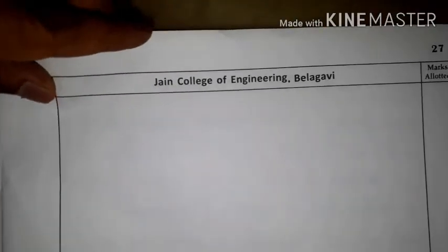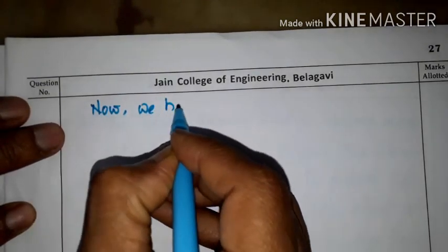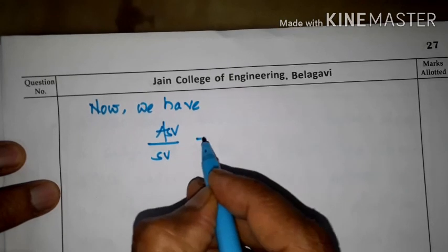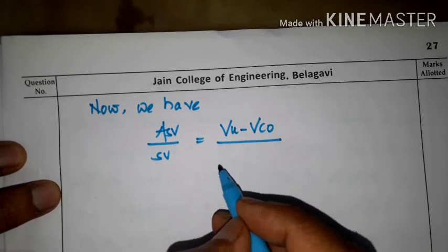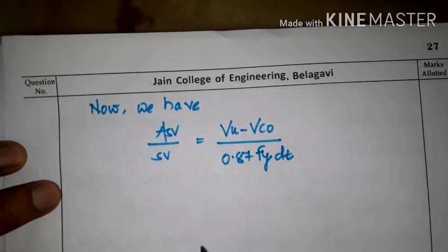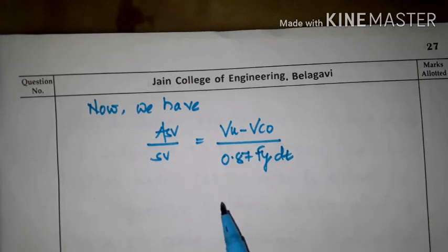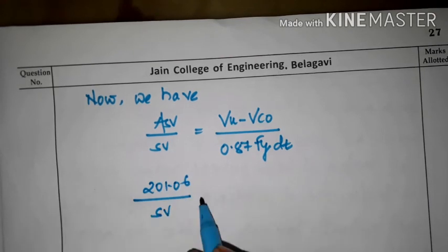Okay, so now we have ASV by SV is equal to VU minus VCO divided by 0.87 Fy dt. So ASV we have calculated already, that is 201.06, divided by SV we have to find out.